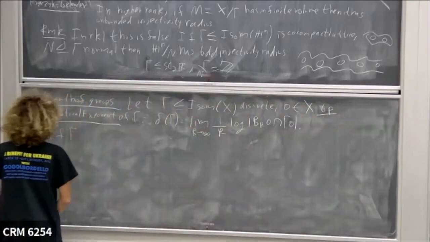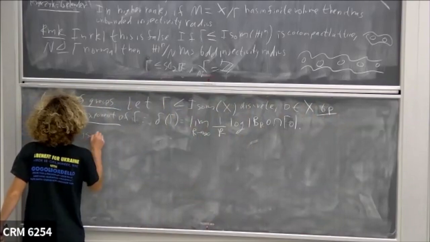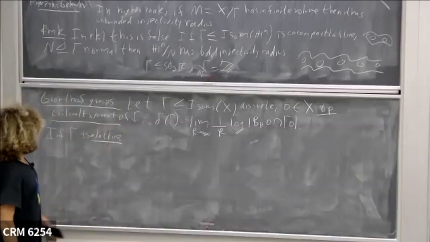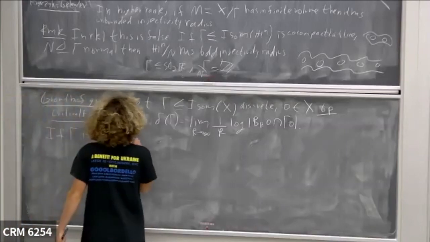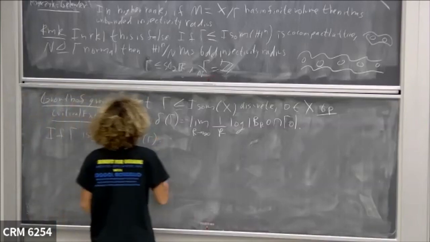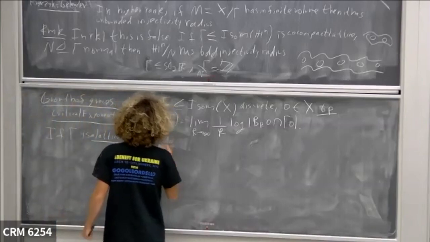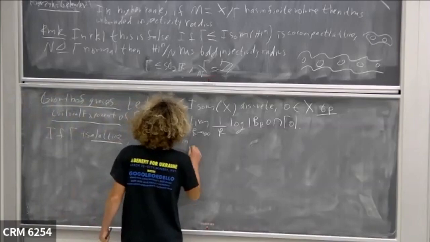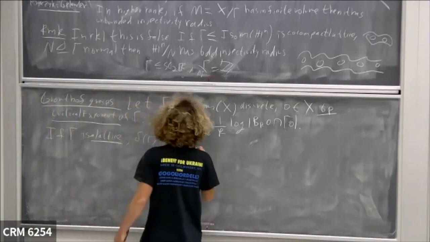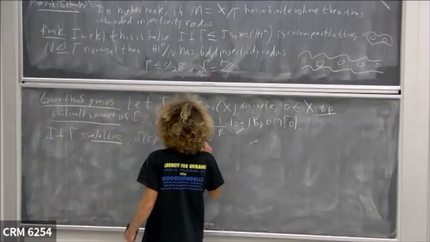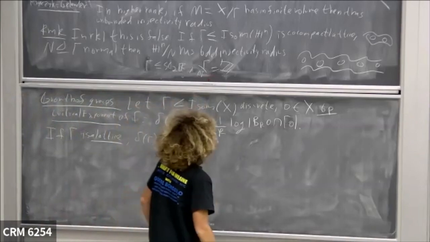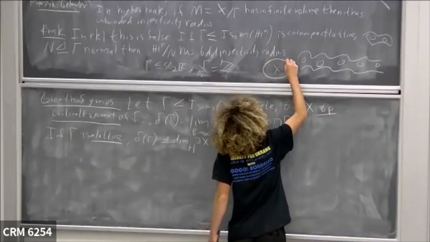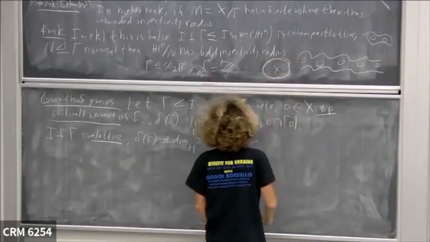If gamma is a lattice, meaning the quotient X mod gamma has finite volume, then delta gamma does not depend on the lattice. You can interpret it as the Hausdorff dimension of the boundary of this negatively curved manifold X.